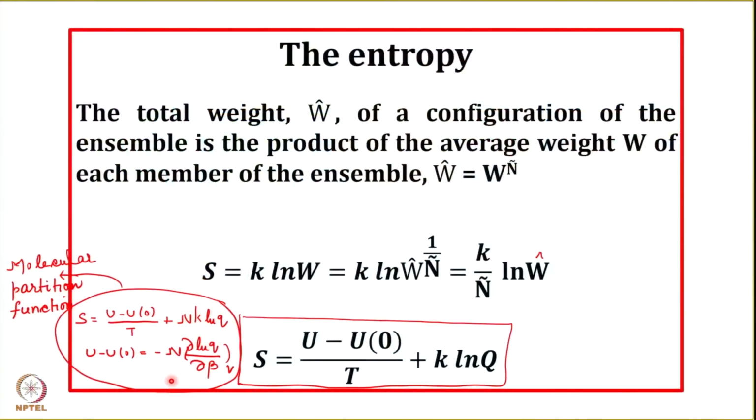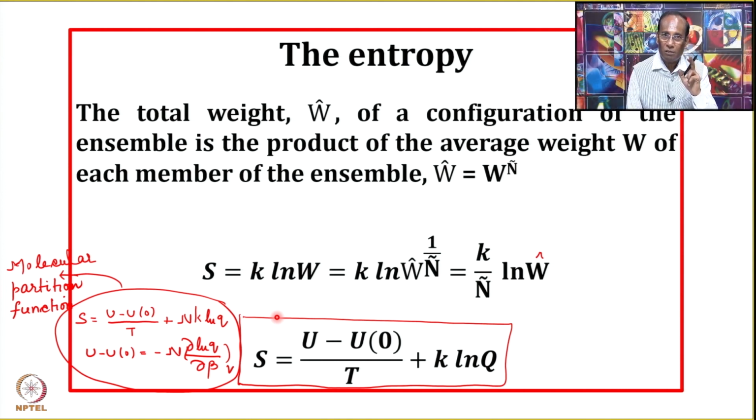And since we have now derived an expression for S and an expression for U, if you go back to the concepts of chemical thermodynamics, changes in U and changes in S can be connected to other thermodynamic quantities, for example, the changes in Gibbs free energy or the changes in enthalpy.